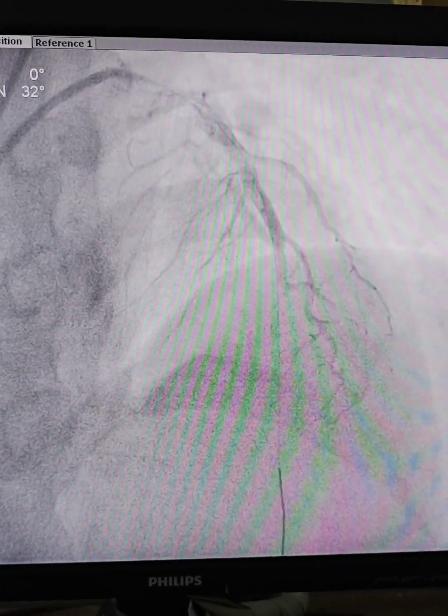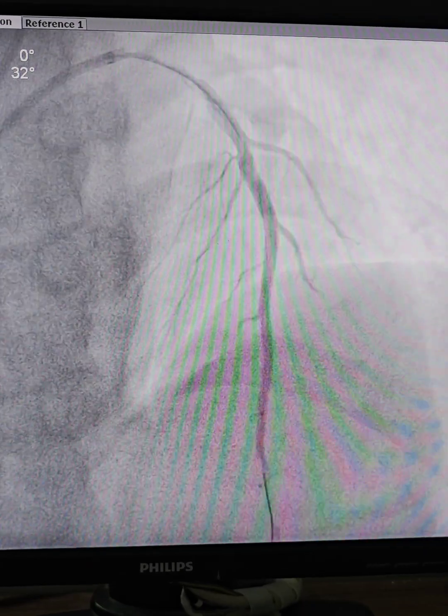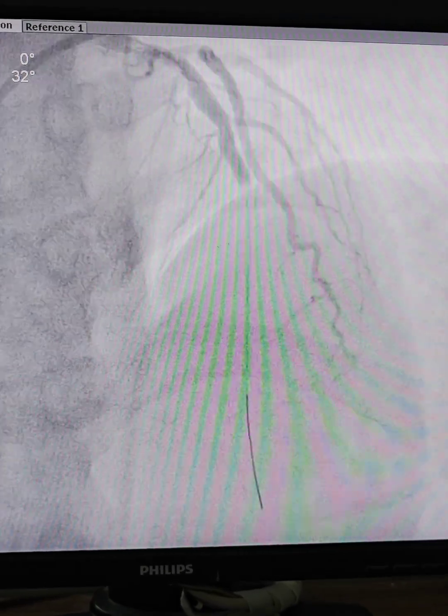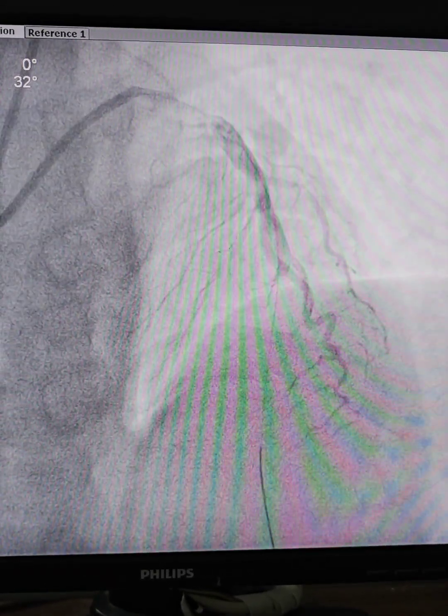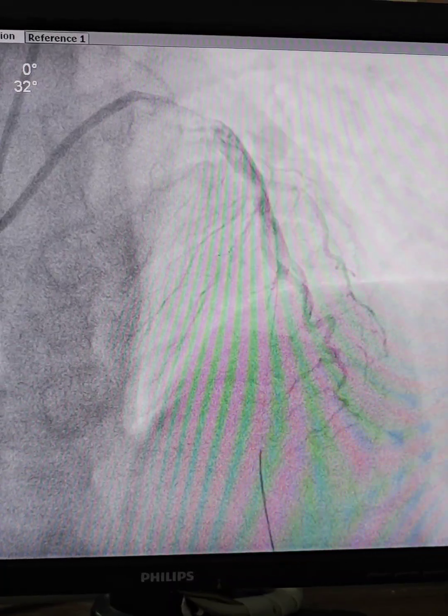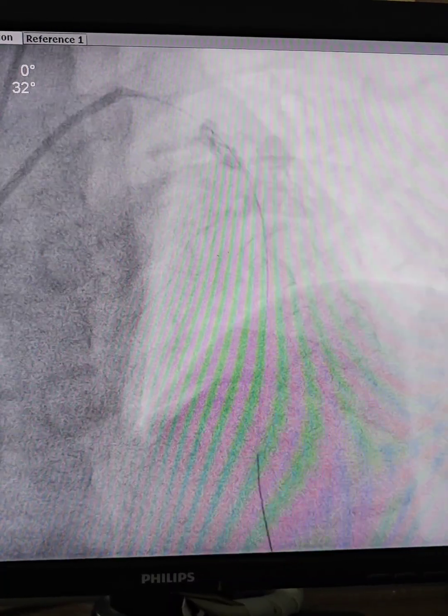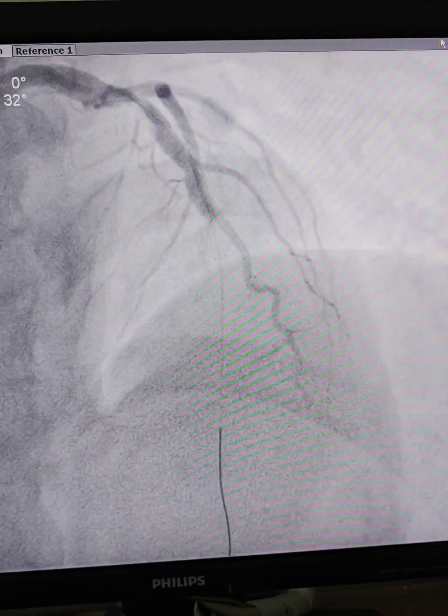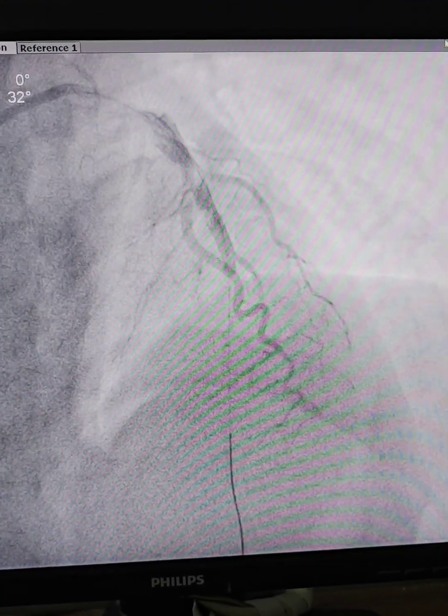So at the end, despite all efforts and multiple cycles of thrombus aspiration, we could not achieve the flow. Hence stent is not deployed, and it is not advisable to deploy stent if distal flow is not achieved.